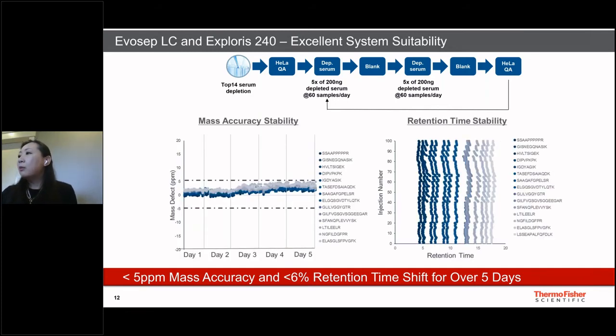As expected from Orbitrap MS technology, we see less than 5 ppm mass accuracy stability for 5 consecutive days with only external calibration using the PRTC peptide standards, and less than 6% retention time shift over 100 injections with the ES806A column on the Evosep LC.